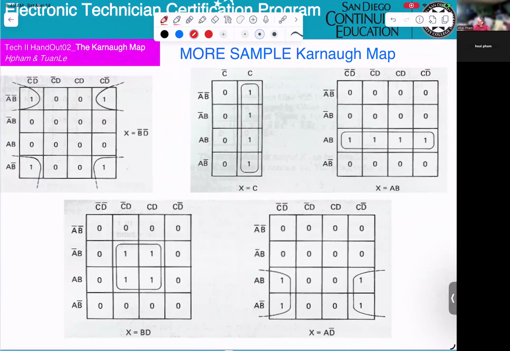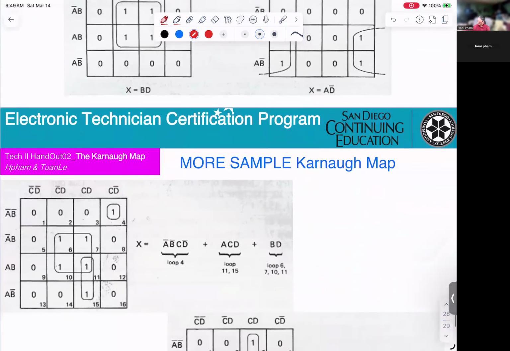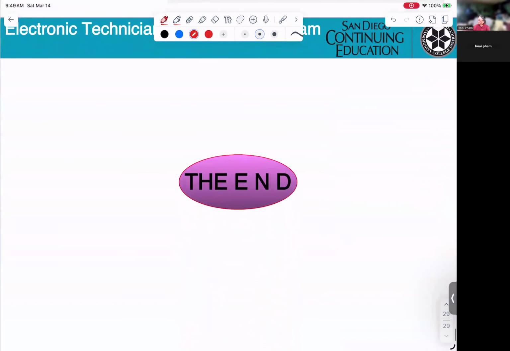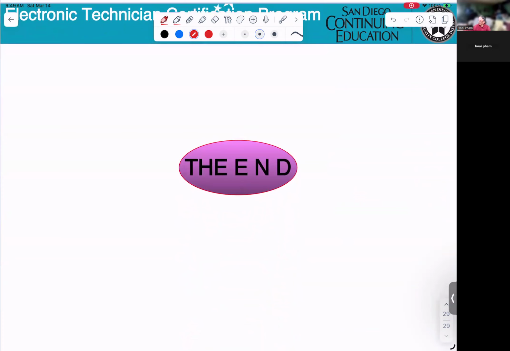For this one here, okay, they just see. You can look at it to get the output, okay? Same thing. Okay? So basically, that will give you the understanding about the Karnaugh map.